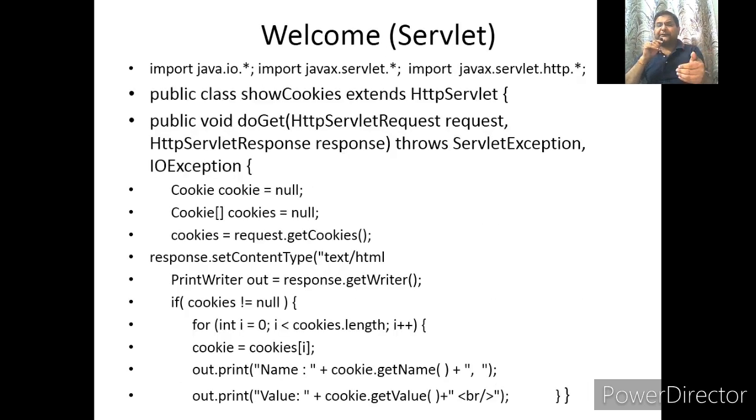And see, in this page also we had stored data in cookies, and after storing data, the command goes to the third page, that is the welcome servlet. In this case what happens, again we do not know how many cookies are present at the client machine, so we take an array of cookies, and the request.getCookies method receives all the cookies and stores them in the cookies array.